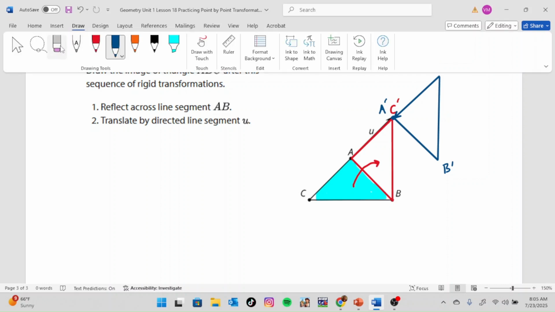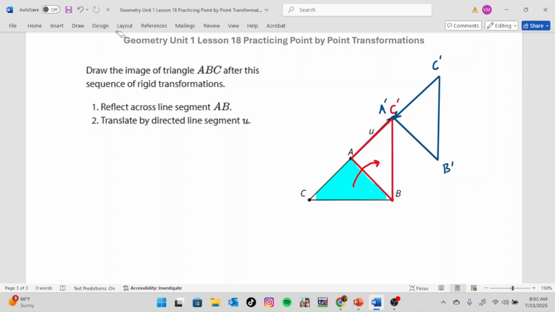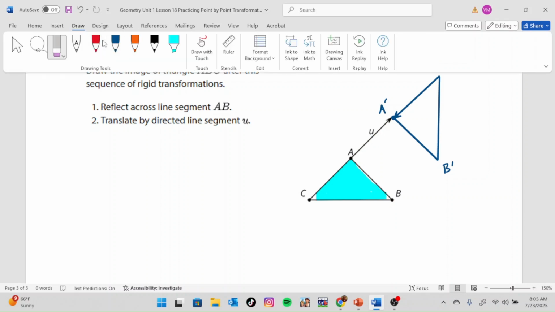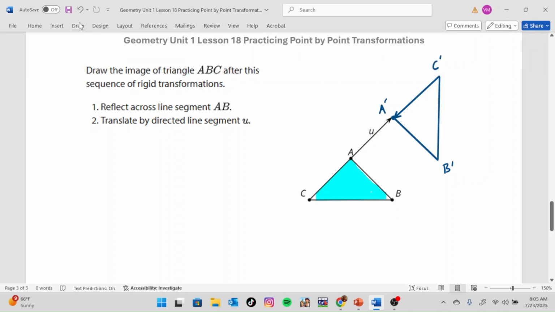And to help you see this better, I can go ahead and erase that middle step. So this is what the final product would look like. We would reflect it across AB and then slide it up to the end of that directed line segment U by translating it.